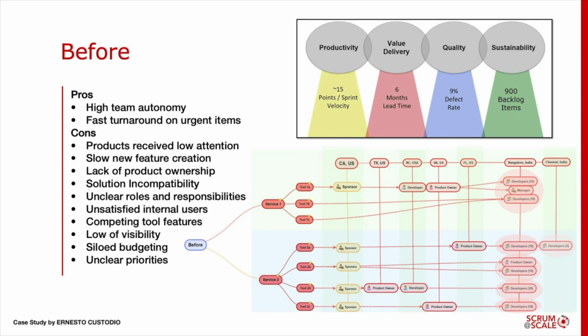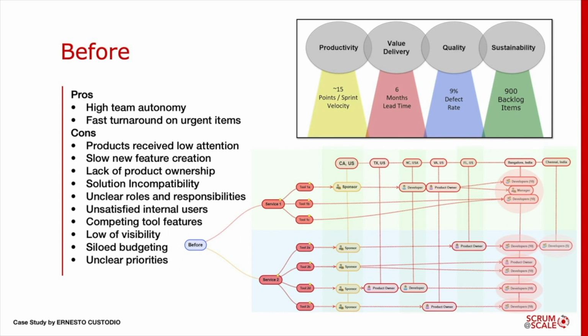The teams did not have a single backlog, which had a significant amount of inconsistency in the goals that they were trying to achieve. There was a lack of product ownership. There was low visibility into the development process, silo budgeting, and on and on.